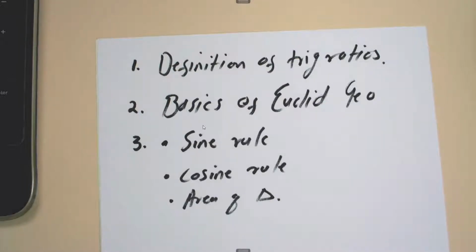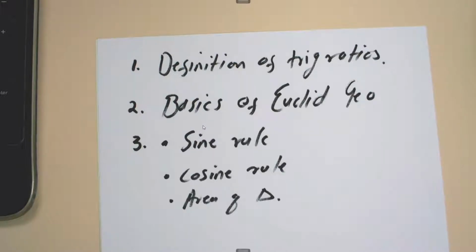Let me repeat myself again. I'll be slow this time. Grade 12 learners, know the definition of the trig ratios. How do we define a tangent in terms of the sides of a right-angled triangle? How do we define sine? And how do we define the cosine?